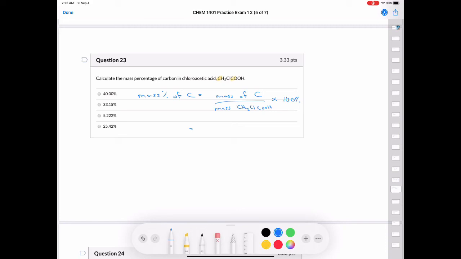So when I tally up the mass of 2 carbon atoms, I'm going to put 2 times 12.01 grams per mole. And then I've gone ahead and I've already added up the entire mass of chloroacetic acid, which of course has 2 carbons, 1, 2, 3 hydrogens, 1 chlorine, and 2 oxygens. And when you add all that up, again, which I've already done, you get 94.496 grams per mole, like that.